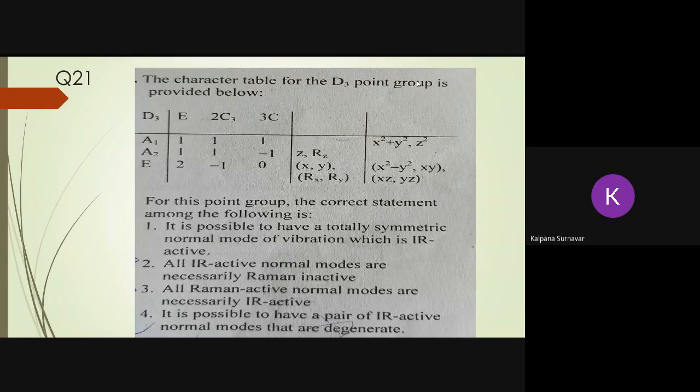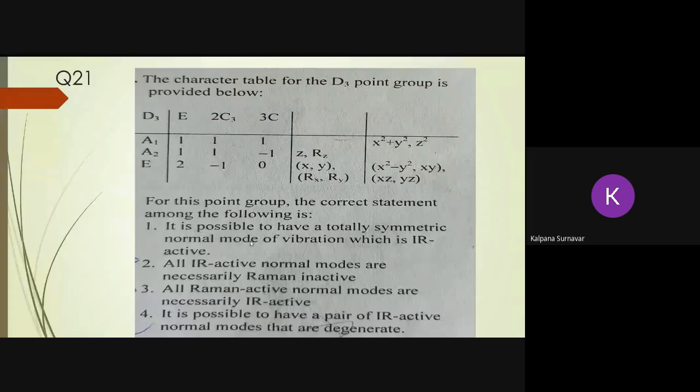See, the problem is given here. The character table for the D3 point group is given here: E, 2C3, 3C2. For this point group, the correct statement among the following is.